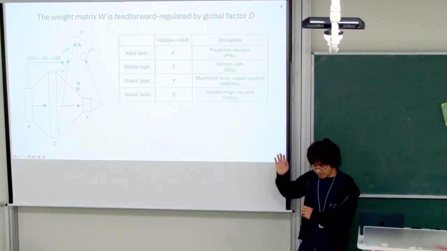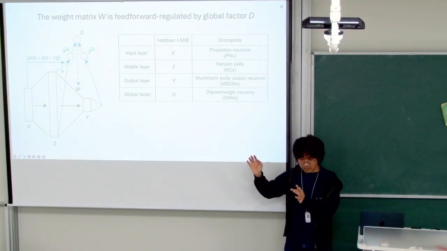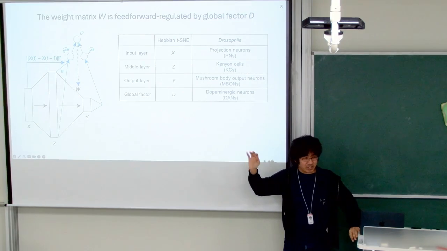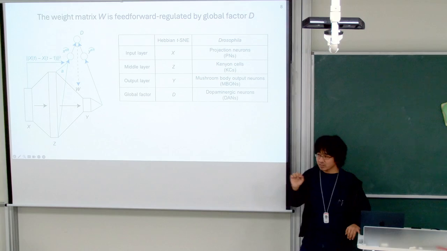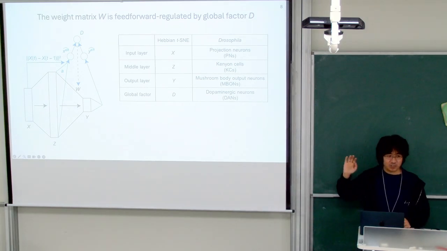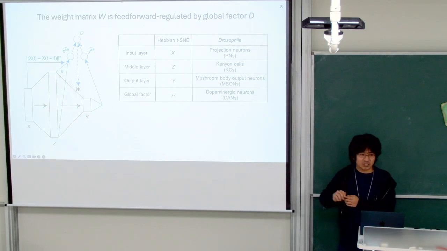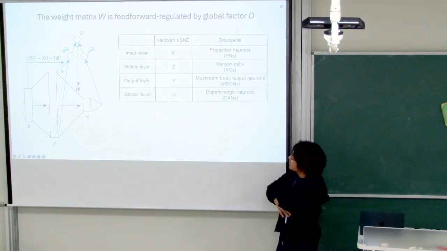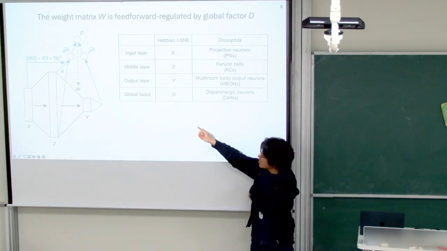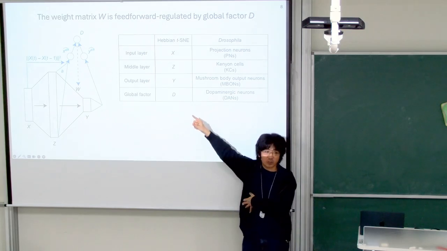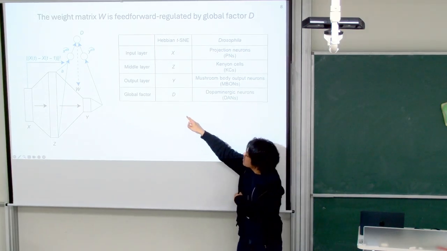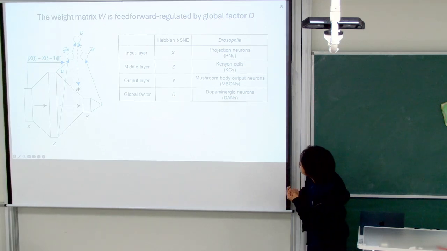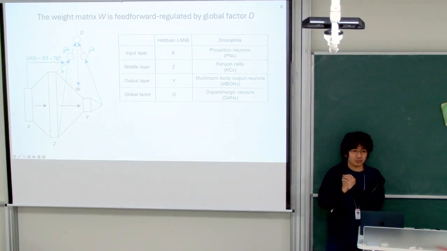So we can update a weight matrix more easily than with a conventional method. I think this is the advantage of this structure. And there is also evidence of a feedforward network: the global factor corresponds to dopaminergic neurons.